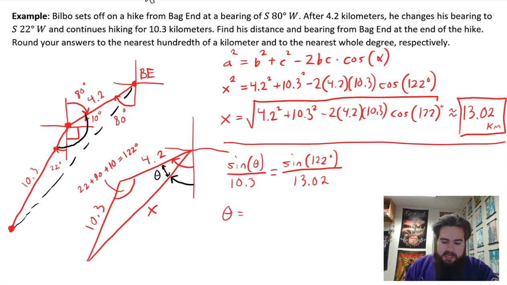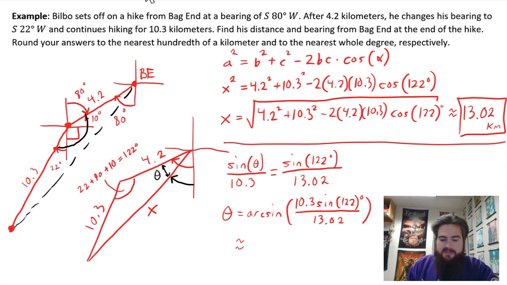Theta would then be arc sine, if you solve for theta, arc sine of 10.3 sine of 122 degrees divided by 13.02. And we can approximate that to the nearest whole degree.